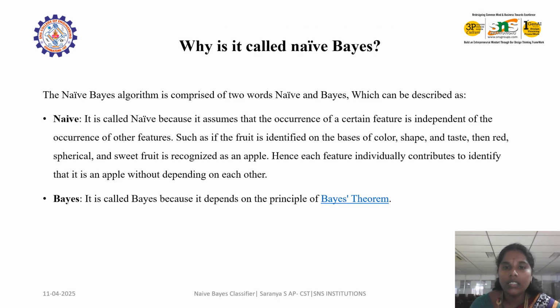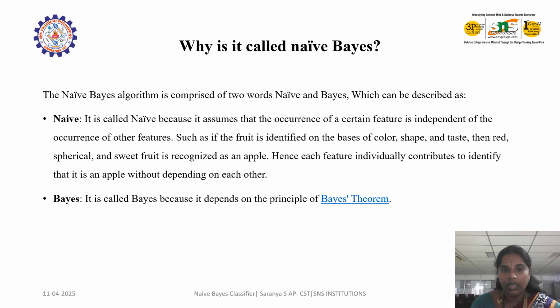Then, why is it called Naive Bayes? The Naive Bayes algorithm is comprised of two words: one is Naive, the second one is Bayes. It is called Naive because it assumes that the occurrence of a certain feature is independent of the occurrence of other features.